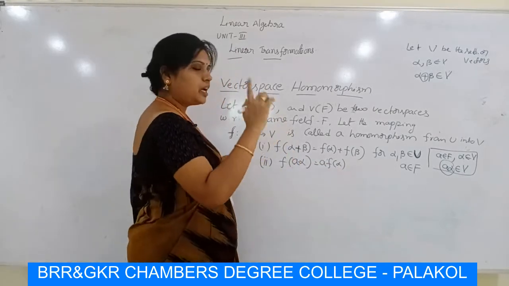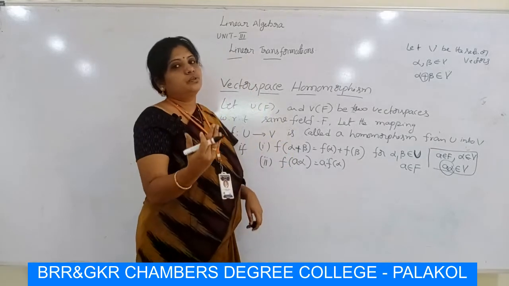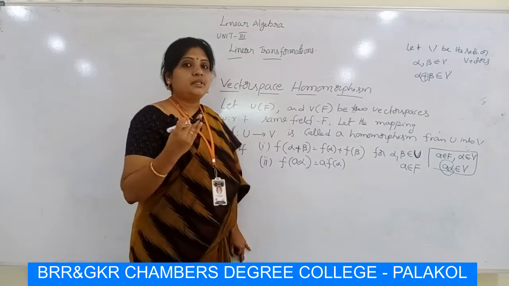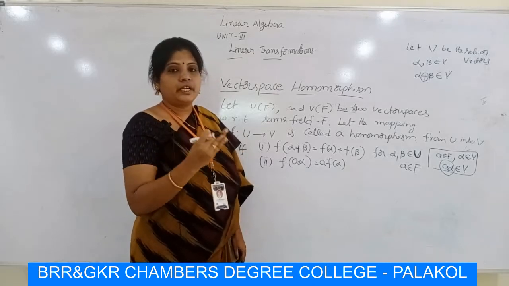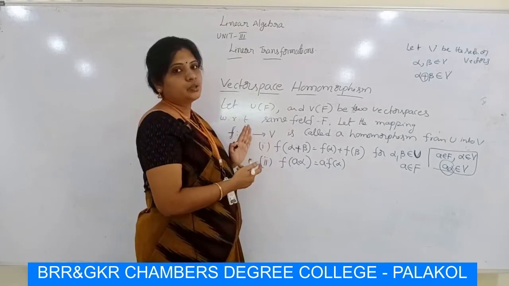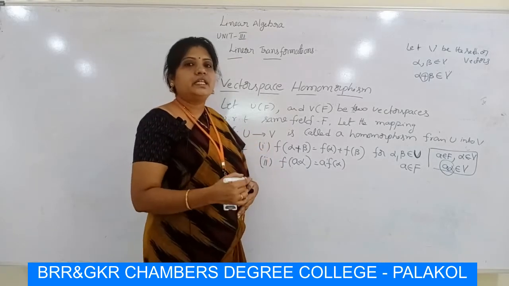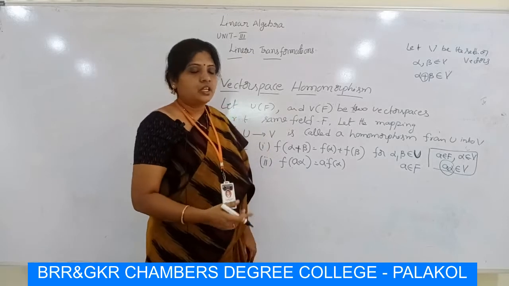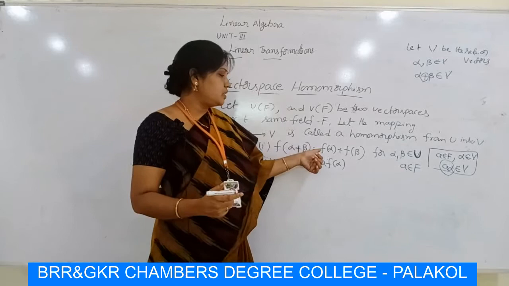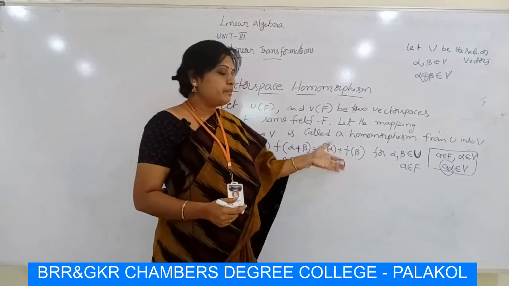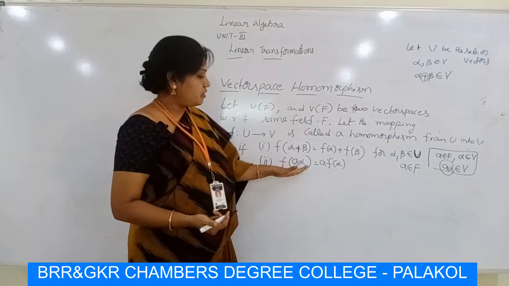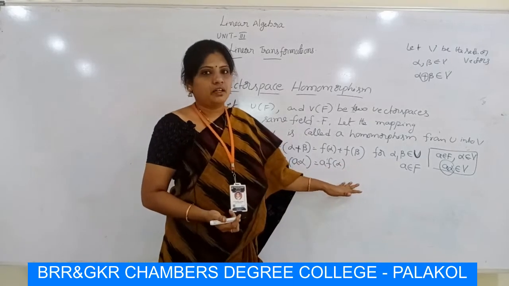In groups we have only one single condition, that is group homomorphism. In rings we have two homomorphism conditions because the binary operations are two, addition and multiplication. Here also vector space homomorphism has two compositions, internal and external. By internal composition, f of alpha plus beta is equal to f of alpha plus f of beta, and by external composition, f of a alpha is equal to a into f of alpha.